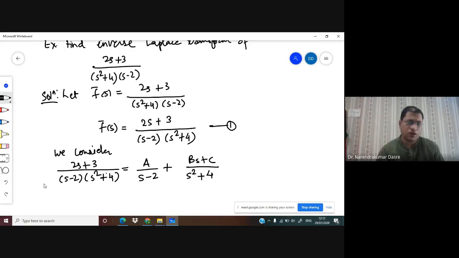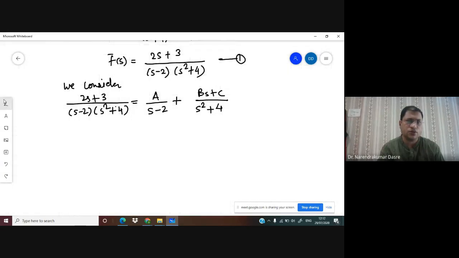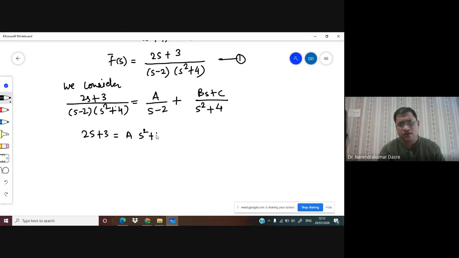Now we simplify this. So 2s plus 3 is equal to a times s square plus 4 plus bs plus c times s minus 2. Okay, so is this expression correct?